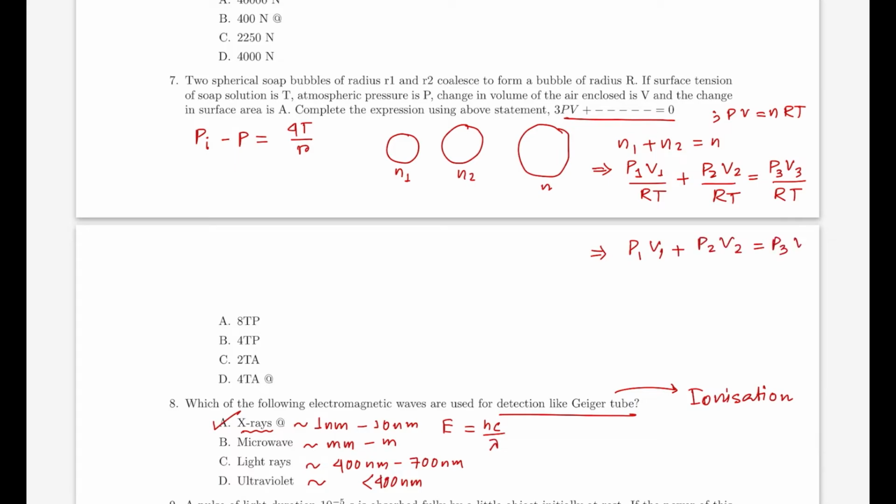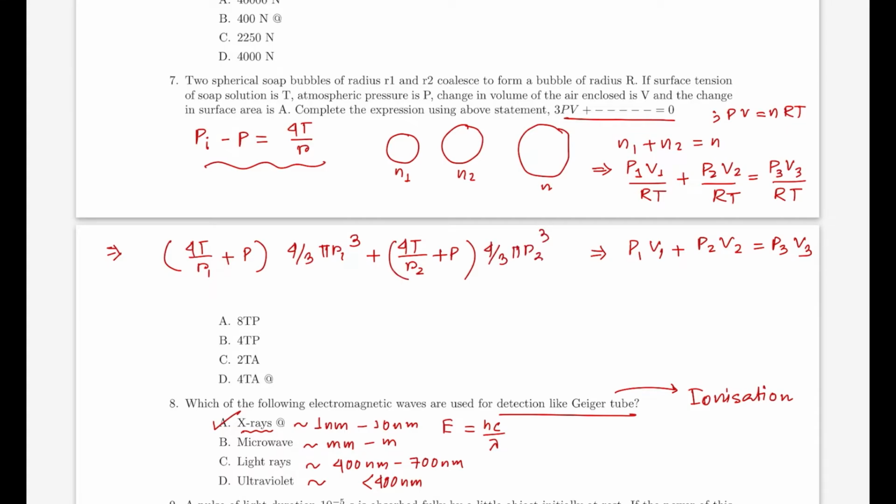Now we have to use this formula where P1 is 4T by R1 plus P, V1 is 4/3 pi R1 cube, plus 4T by R2 plus P times 4/3 pi R2 cube, is equal to 4T by R plus P times 4/3 pi R cube. Let me rub this out.